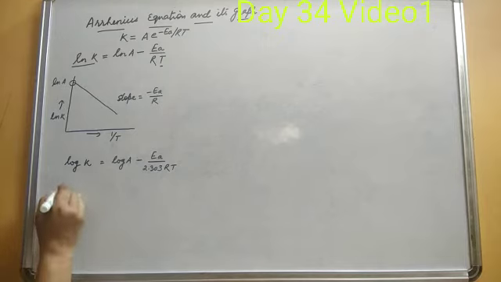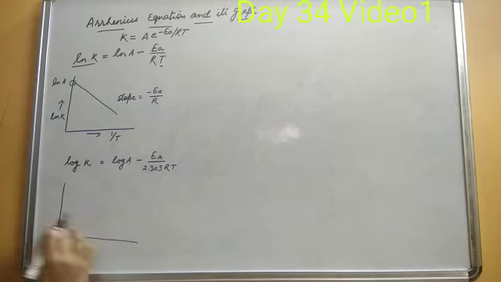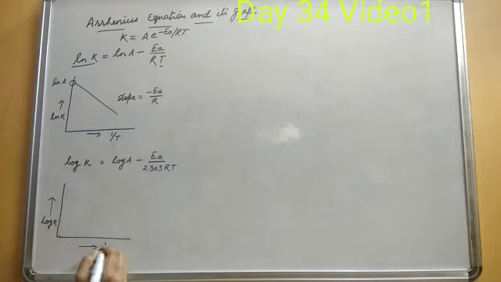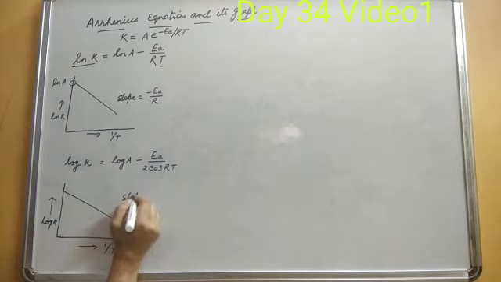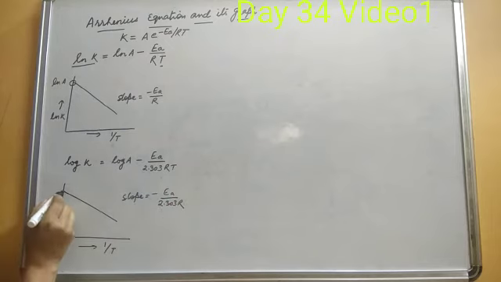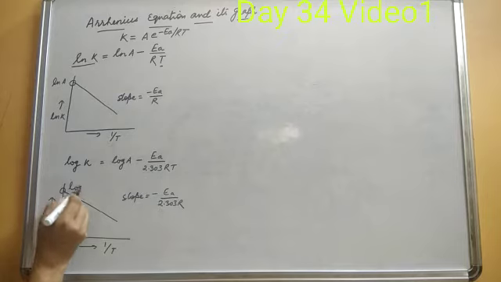Then if we plot the graph, we get log k versus 1 upon T. Again a negative slope, but it will now be minus Ea over 2.303 R, and the intercept will be log A.